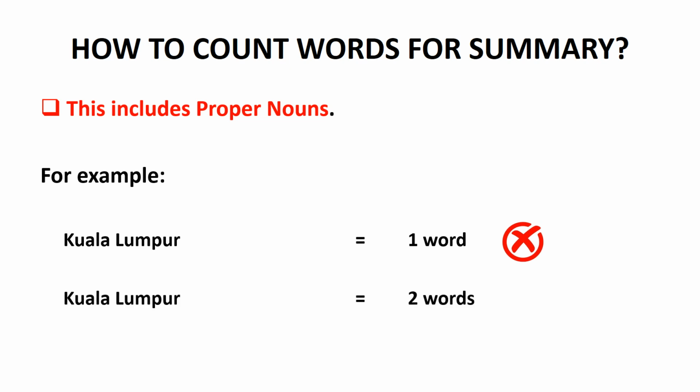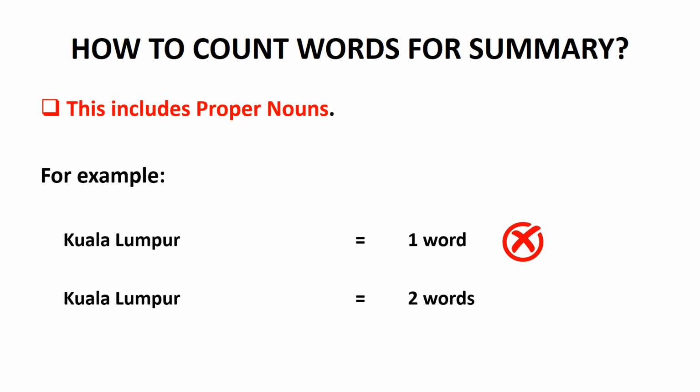But in English, Kuala Lumpur is counted as 2 words. So Kuala is one word, Lumpur is another word. Okay, please do not confuse English summary writing with Bahasa Melayu pemahaman or Bahasa Melayu ringkasan.